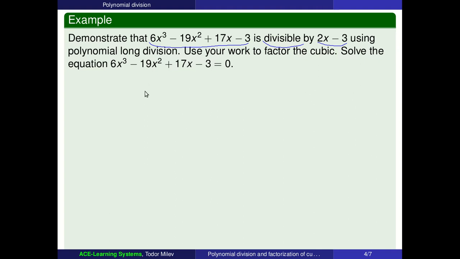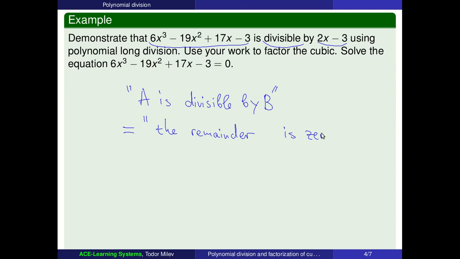So saying that A is divisible by B is the same thing as saying the remainder of the polynomial division algorithm is 0.